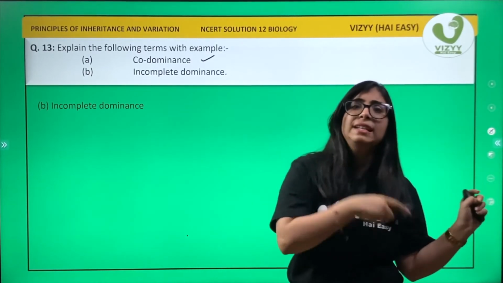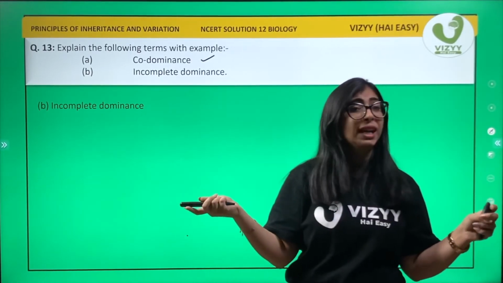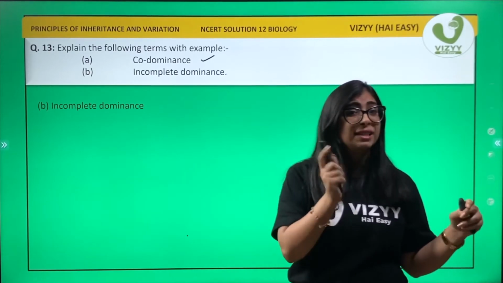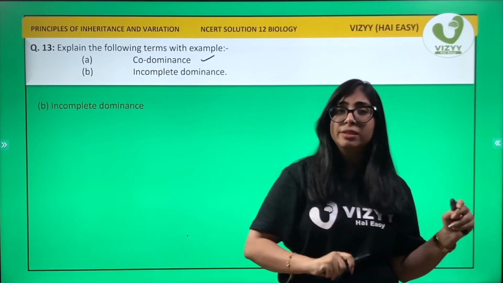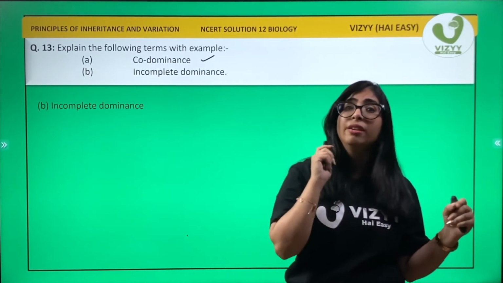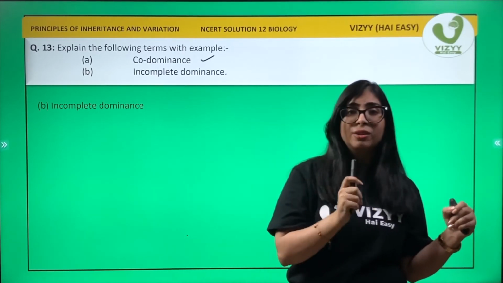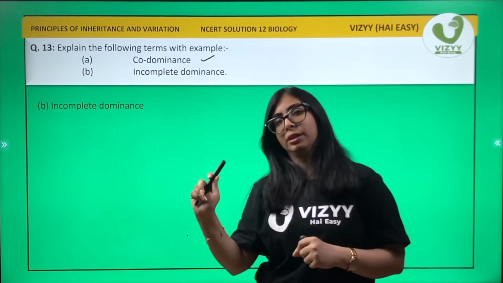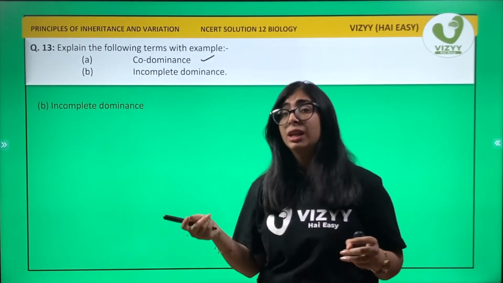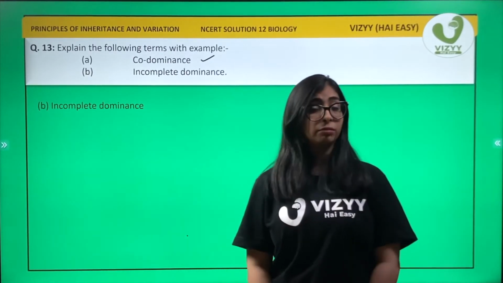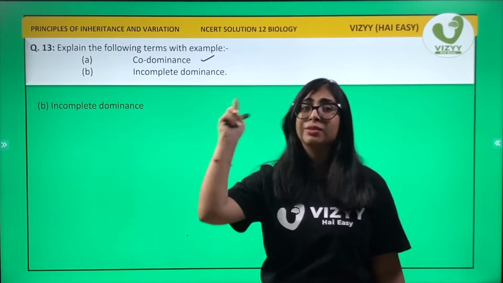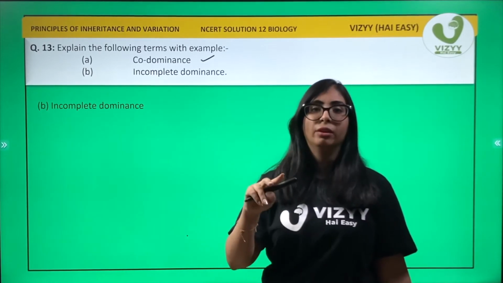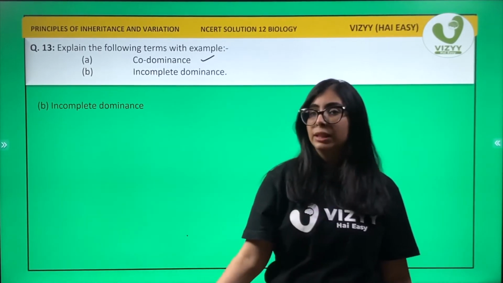Now when red is mixed with white, what do we get, students? Red is dominant and white is recessive. So the first filial generation should have been all red with heterozygous gene. But the heterozygous gene gave out the color pink, right? When do we get pink? When we mix red and white both together, we get pink.